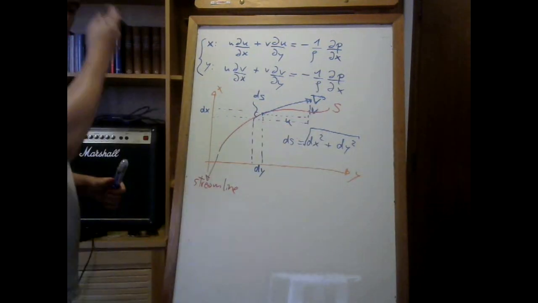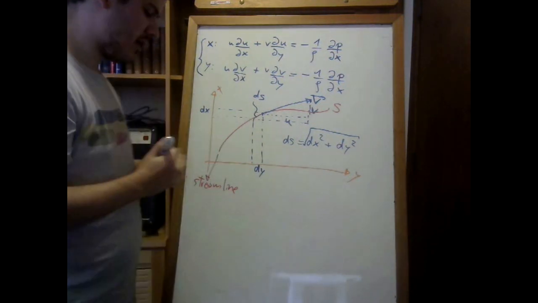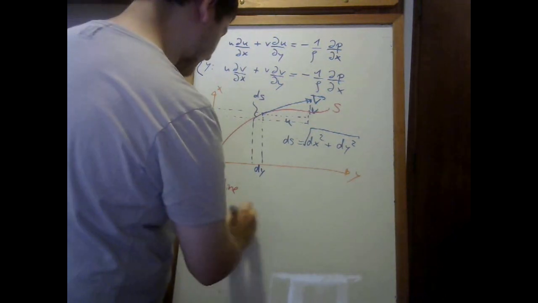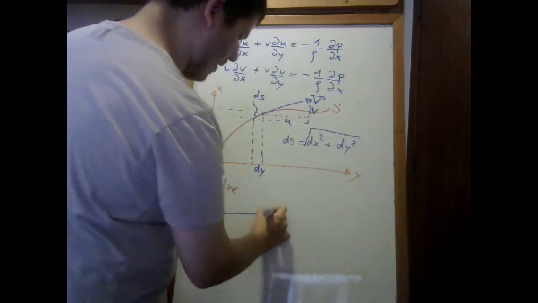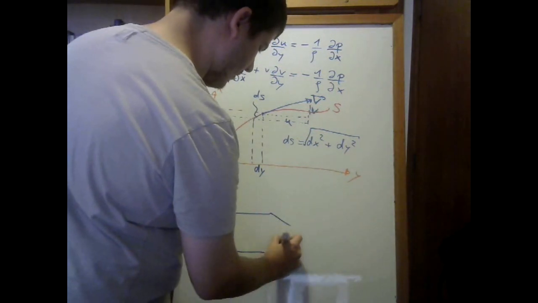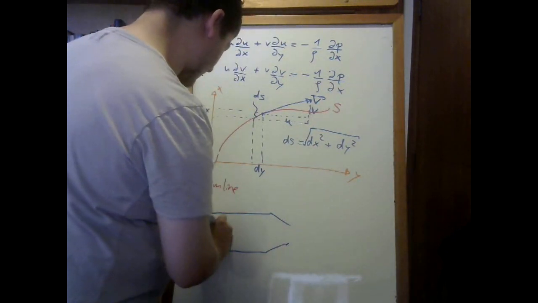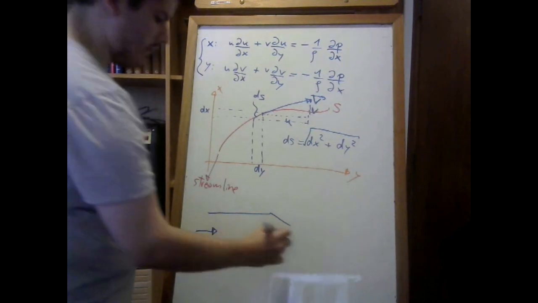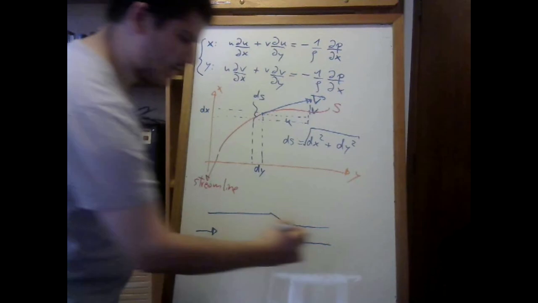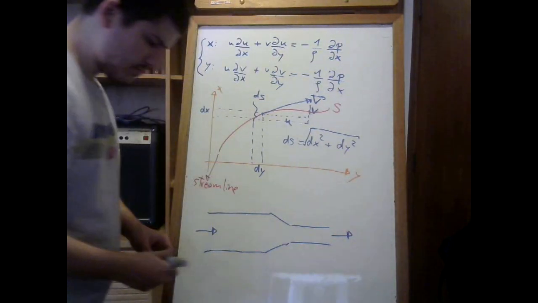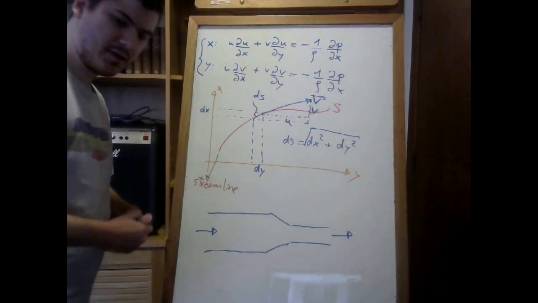If you want to look at a real-life example of what streamlines look like, consider, for example, pipe flow, where we have a reduction of its cross-section, right? So the flow comes from here, and then we have a reduction of its cross-section. The streamlines of this flow are going to look something like this.